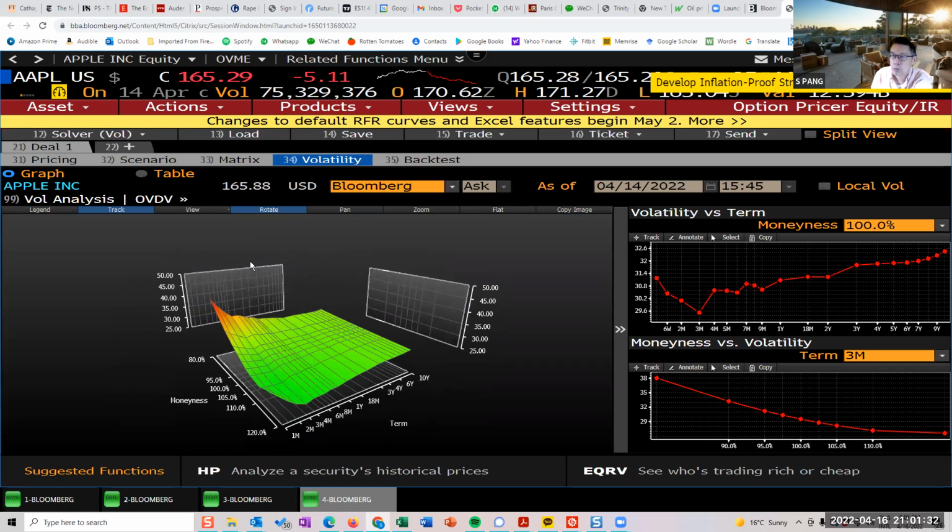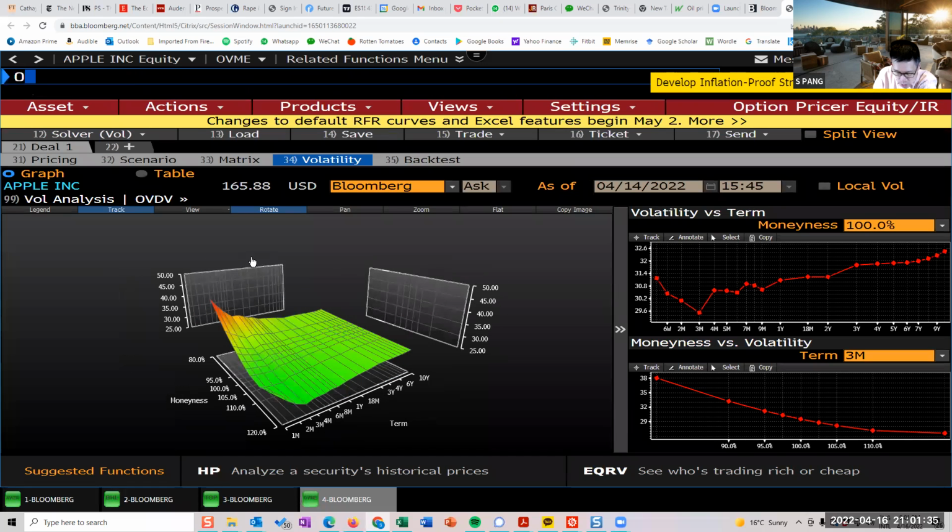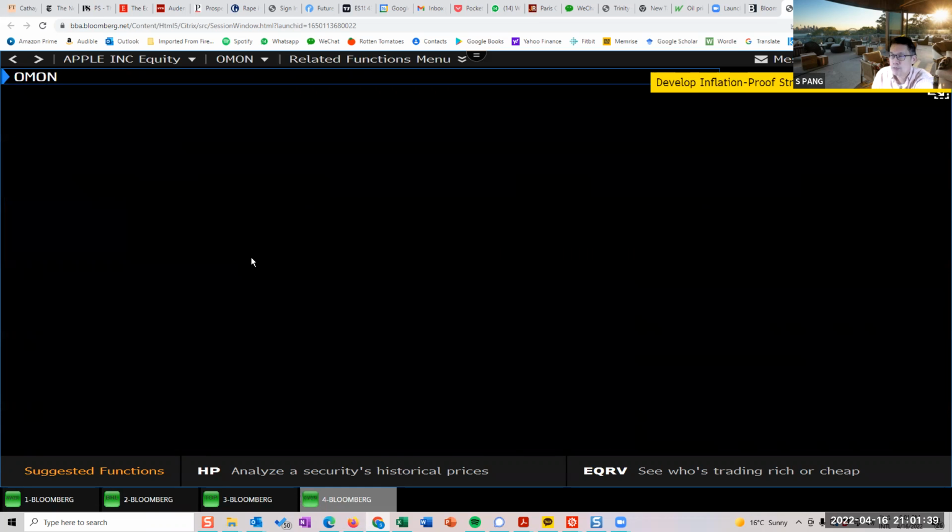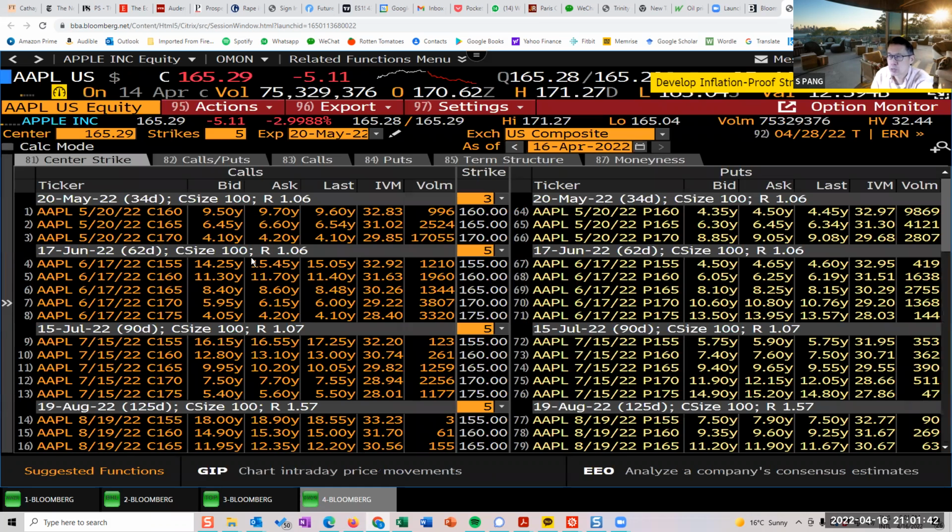Just now I was telling you that you have to imagine a sort of three-dimensional space. The three dimensions: the strike is the first dimension. The second dimension is the tenor of the option. As you come down here, the third dimension is where the spot price is.